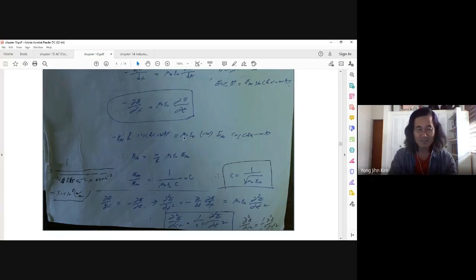And then here, minus round B, round x is mu 0 round E, round t. So then it becomes mu 0 epsilon 0 round square E over round t square. So Maxwell found this wave equation for electric field, and we find the same equation for the magnetic field.